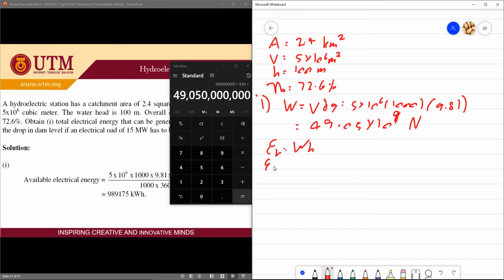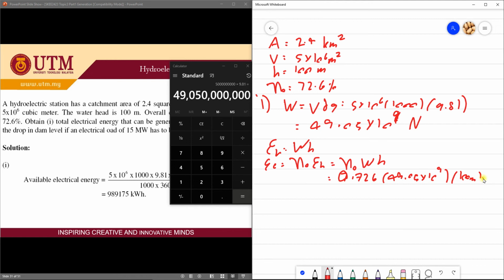But for electrical, E is equal to the overall efficiency, E equals overall efficiency times WH, so it equals 0.726 multiplied by 49.05, multiplied by 10 power of 9, and then the height is 100 meter. So the EE, and of course this is in watt second.